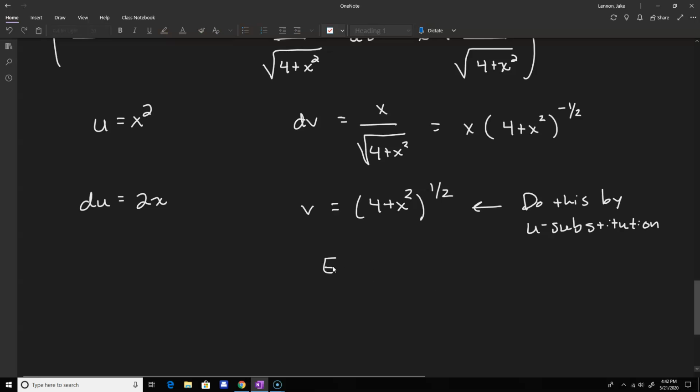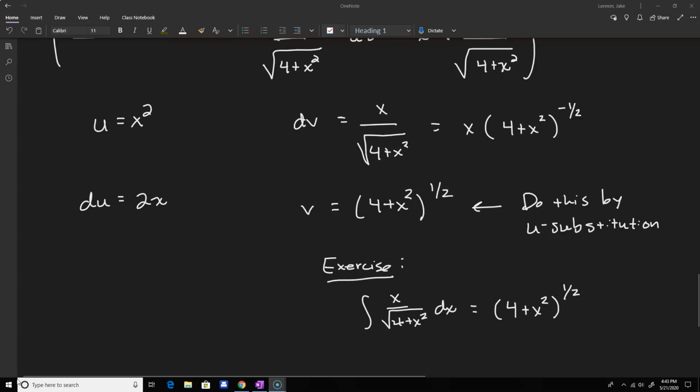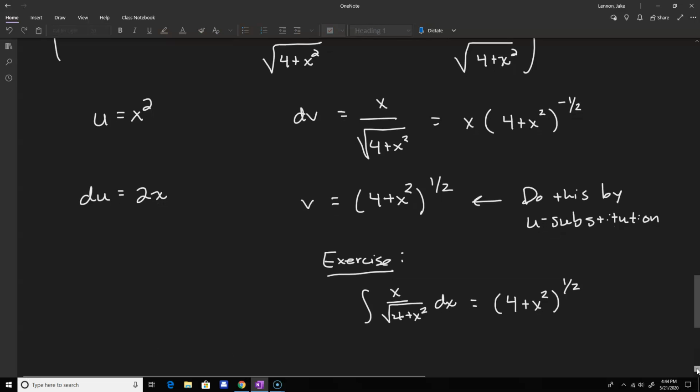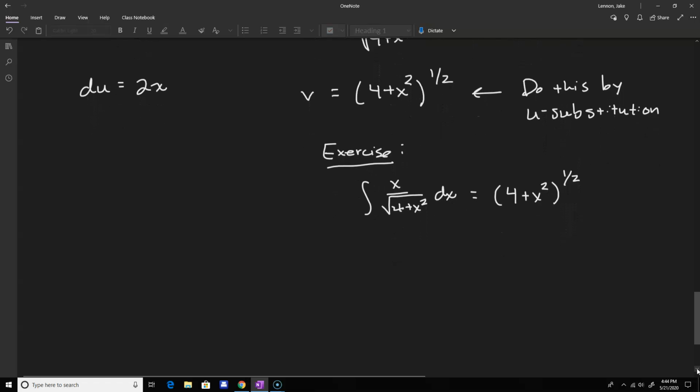The exercise is the integral of x over the square root of 4 plus x squared dx is equal to 4 plus x squared raised to the 1/2. It's really not so bad. So now we can go ahead and do the integration by parts that we set out to do.